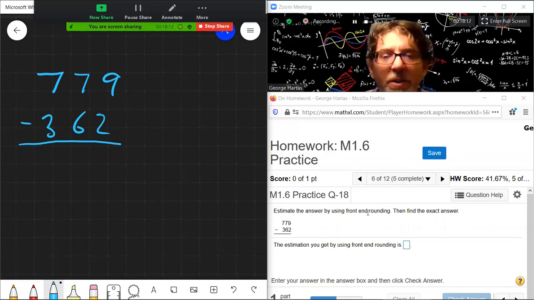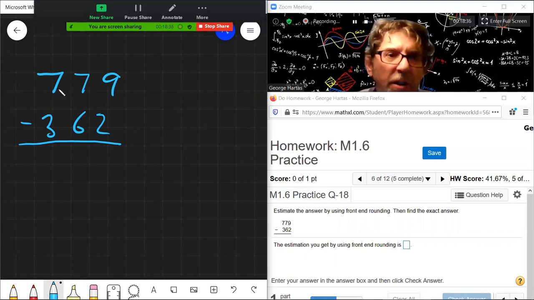All that means is that regardless of how big the numbers are, like 779 or 362, it does not matter how big they are, you're going to round to the front end. Well, what is the front end? It's the leftmost digit. You're going to round to the leftmost digit.